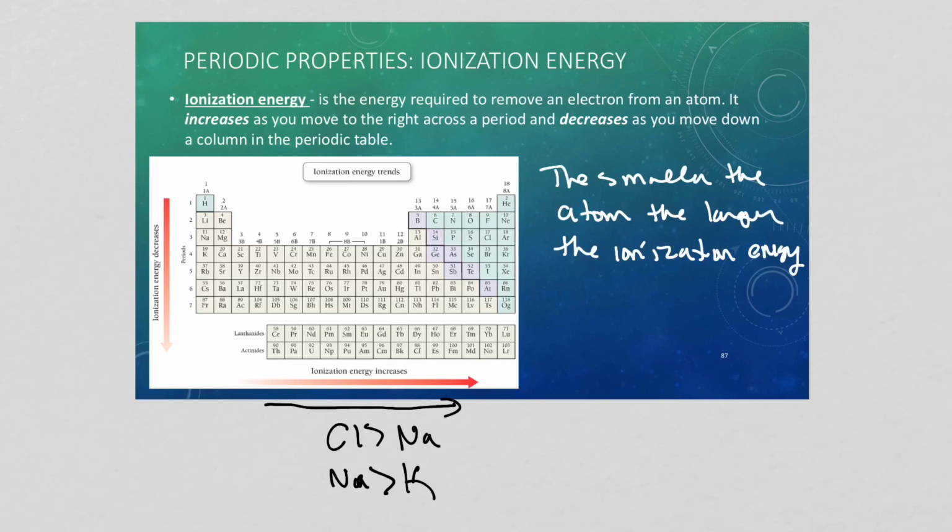So the highest ionization energy is going to be in the smaller atoms, which are going to be at the top. And so as atoms get bigger, it becomes easier to pull it away. And so we see smaller ionization energies at the bottom, right? So, the big deal is the smaller the atom, the larger the ionization energy. Or if you want to look at it the other way, the larger the atom, the smaller the ionization energy.